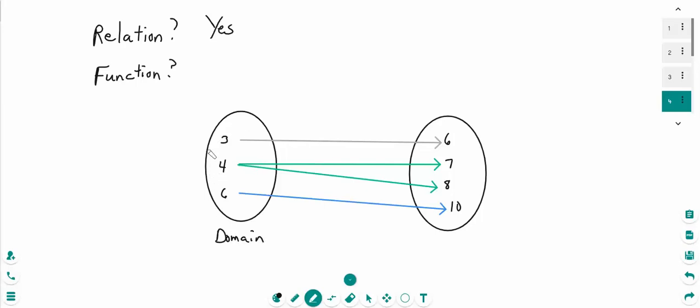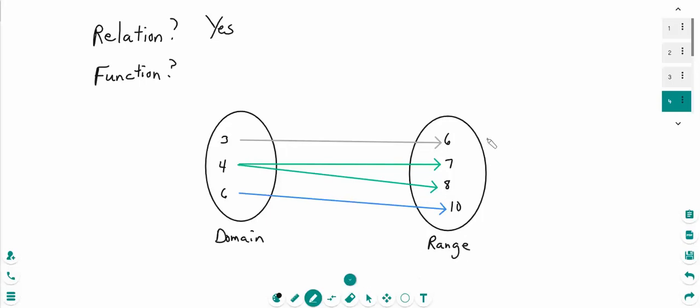For every member of the input, every member of the domain, it has to have one unique corresponding member in the range. Remember, this is the range. Okay?